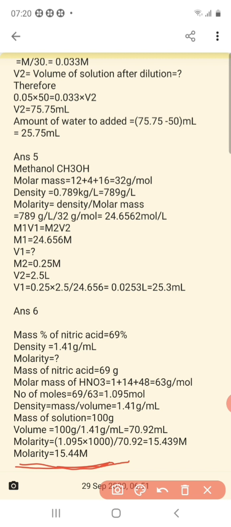Here the molarity of the stock solution is known. Suppose you have to prepare 50 ml of any other desired concentration. By applying the molarity equation, M1V1 is equal to M2V2, we can dilute the stock solution to any desired concentration having desired volume.